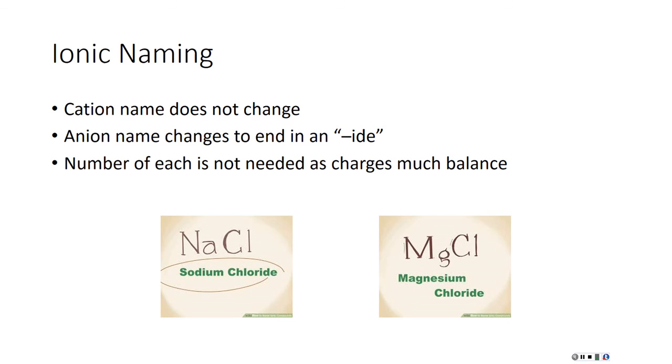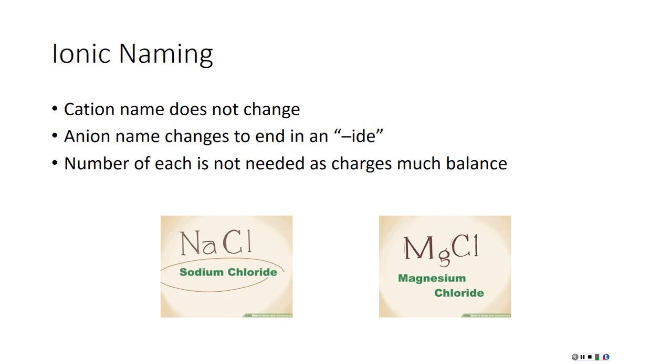This is actually a bit more complicated. This is probably the hardest part of naming in general. So what you're going to do is identify what elements are here. So we have aluminum and we have oxygen. That's not the hard part. I think everyone can figure out it's aluminum and oxygen.